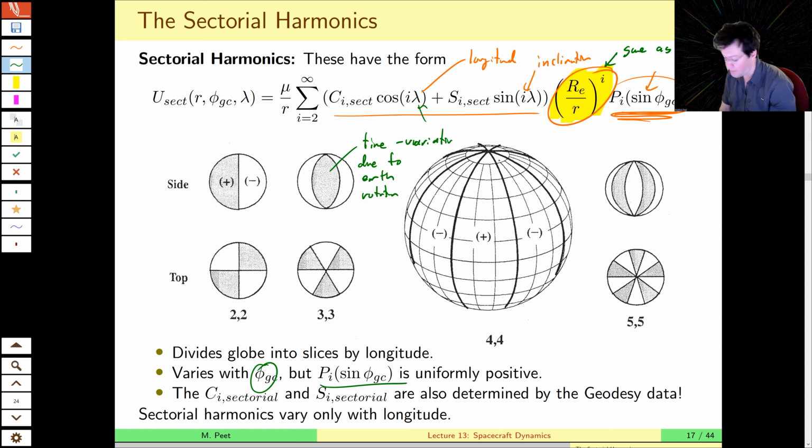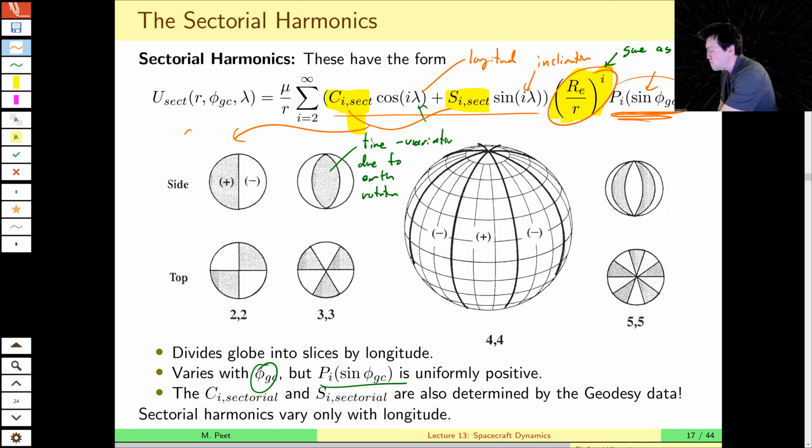So again, everything but these terms is fixed. They're just basis functions, and the geodesy data determines these coefficients.